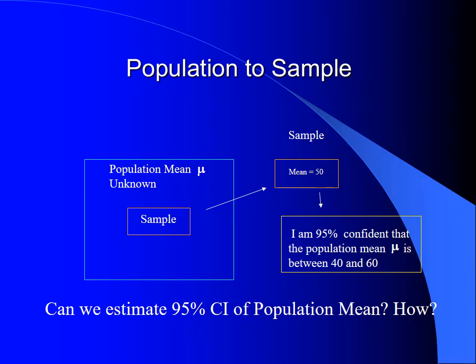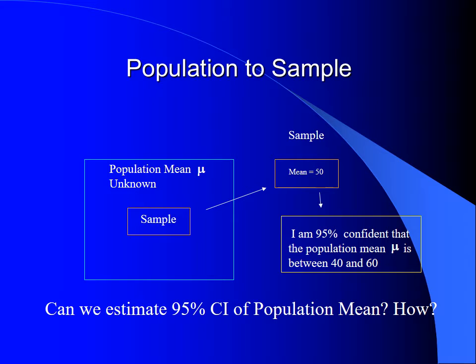From the sample we have got a sample mean of 50. Now, a step ahead, can I say that I'm 95% confident that my population mean mu is between 40 and 60? That means you're telling something about your population mean, having in hand your sample mean of 50.